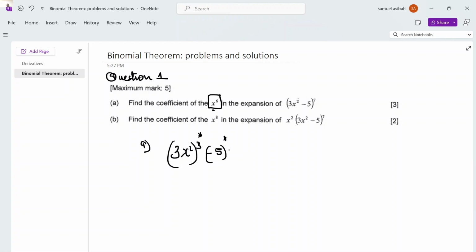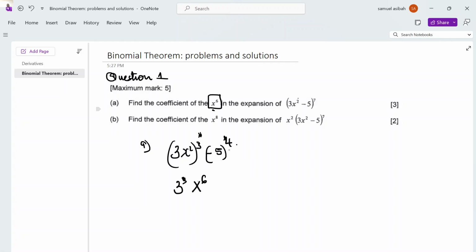Then if this is 3, then this will be power 4. That is how easy it is. So when you multiply x raised to 2 in a bracket raised to 3, then 2 times 3 is equal to 6. So when you multiply here, you get 3 raised to 3, and then we have x raised to 6.